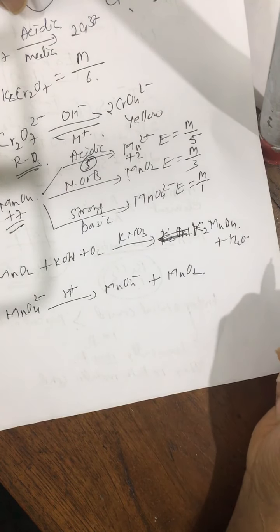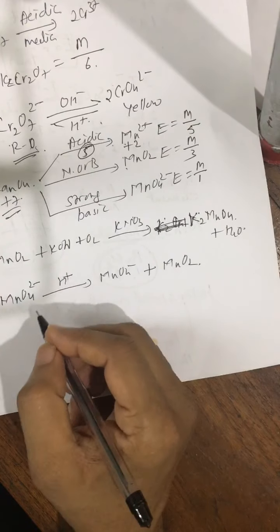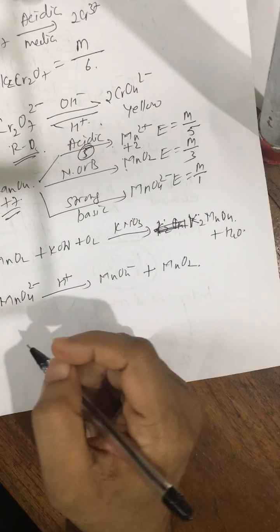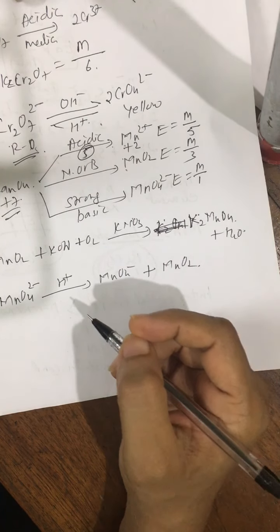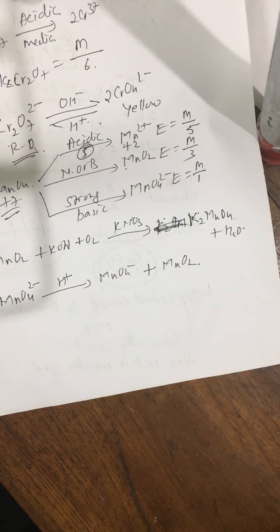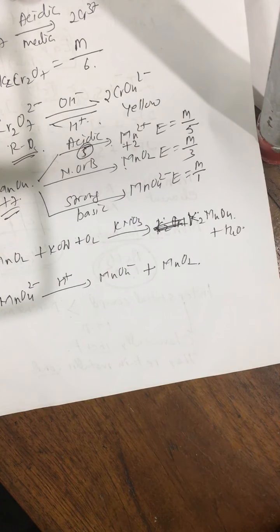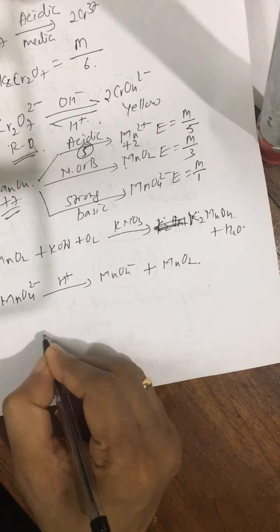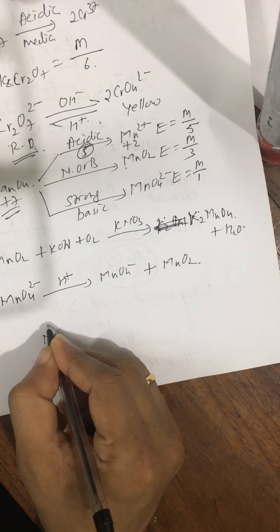And in laboratory, this Mn2+ is oxidized to MnO4- using S2O8 2-, if you can remember. MnO4 2- is green. Both are tetrahedral.